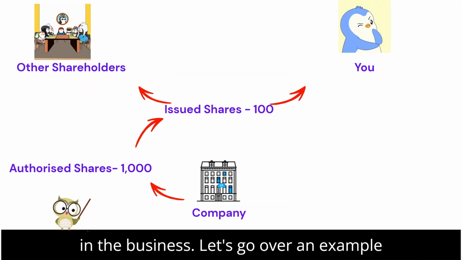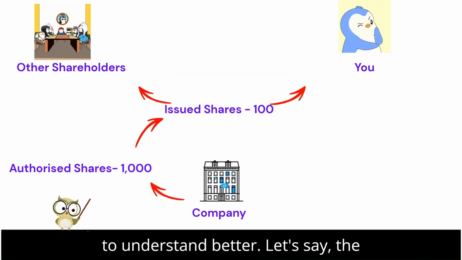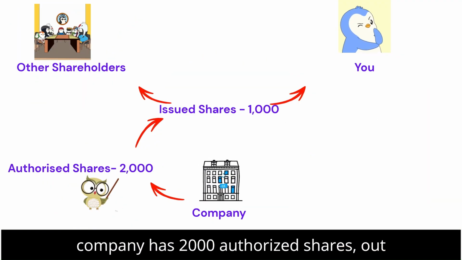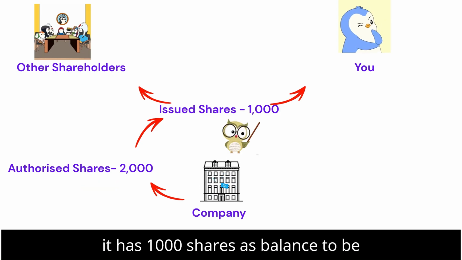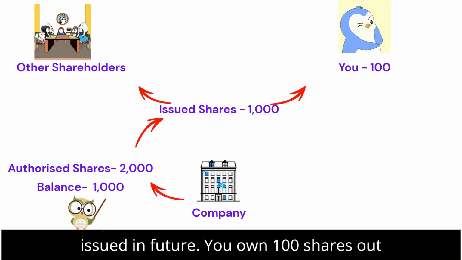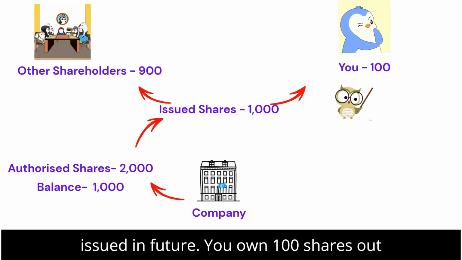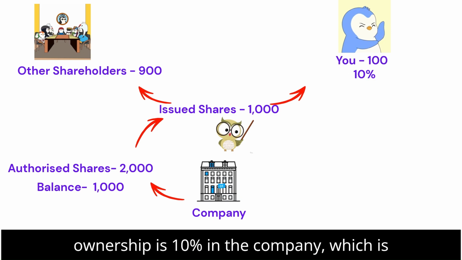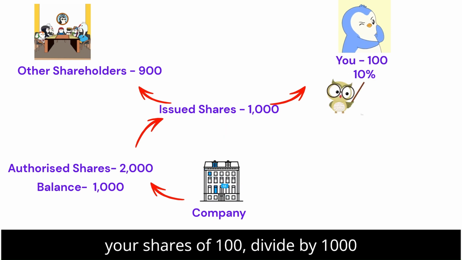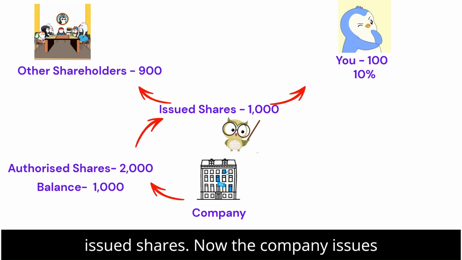Let's go over an example to understand better. Let's say the company has 2,000 authorized shares, out of which it only issued 1,000 shares, so it has 1,000 shares as balance to be issued in future. You own 100 shares out of the 1,000 issued shares, so your ownership is 10% in the company, which is your 100 shares divided by 1,000 issued shares.